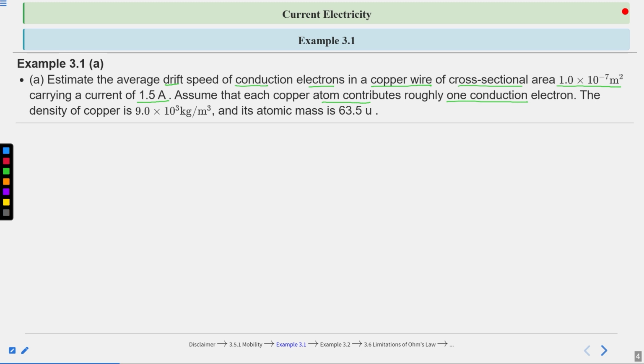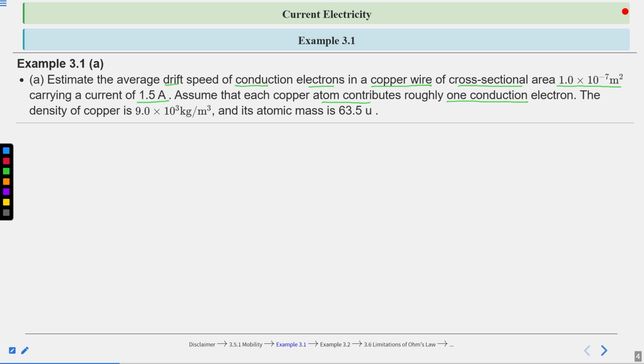So in conducting copper wire, each copper atom contributes only one electron. It means in this wire, number of electrons is equal to the number of copper atoms. Each copper atom is contributing roughly one conduction electron.